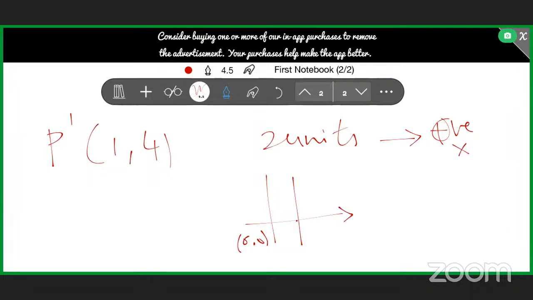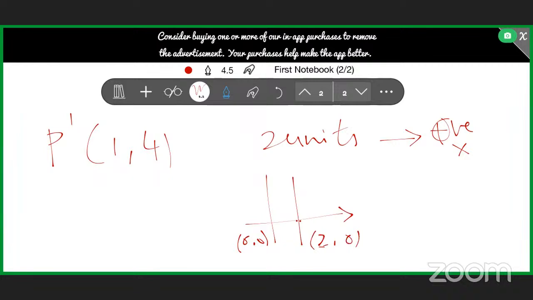Therefore, the new origin is how much? Not here, I am telling the new origin. The new origin is (2, 0). Therefore, the coordinate of this point in the new system will become x plus h.